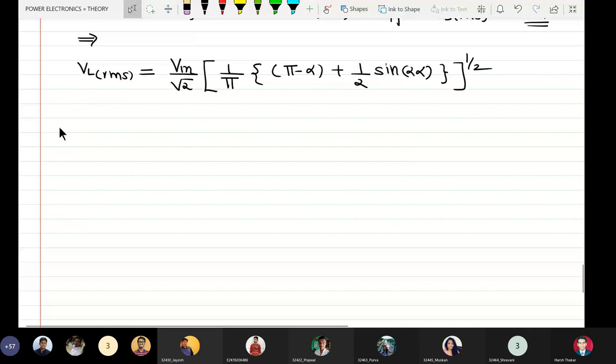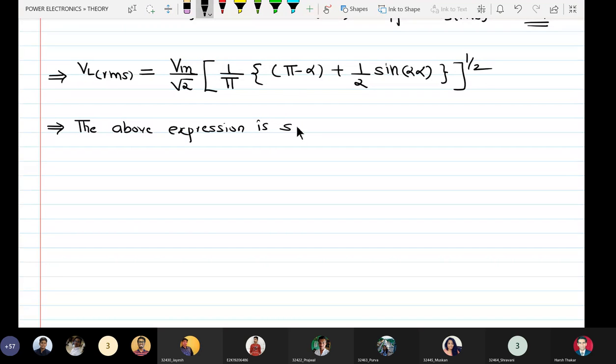Okay, so I can make a comment here that the above expression is same as that for a single phase full wave control rectifier.